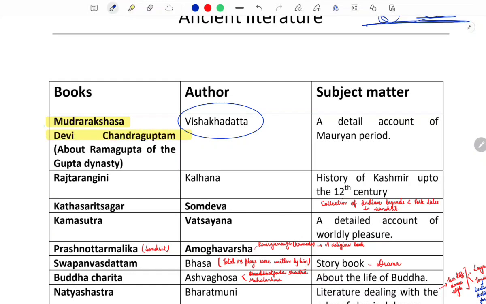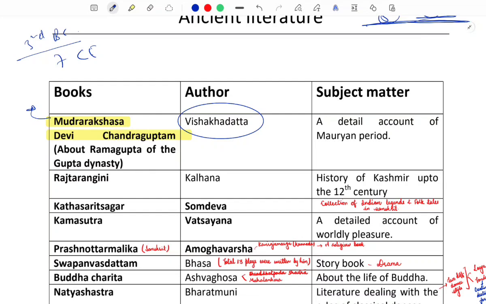Mudrarakshasa actually deals with a detailed account of the Mauryan period. It was written in the 7th century CE, about a period in the 3rd century BCE, almost 1000 years after the decline of the Mauryas.